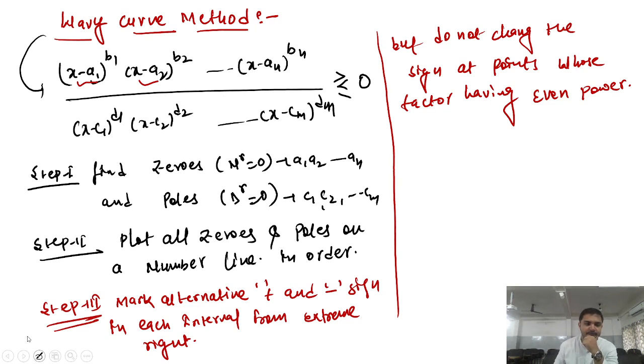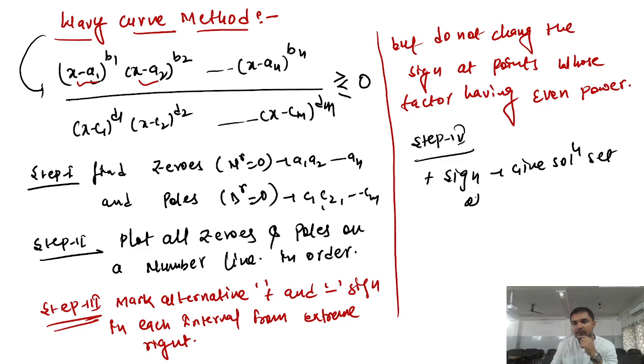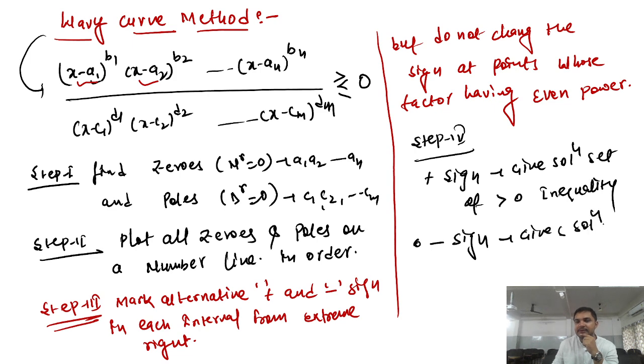Next, step 4. A positive sign gives the solution set of a greater than 0 inequality, and a negative sign gives the solution set of a less than 0 inequality.